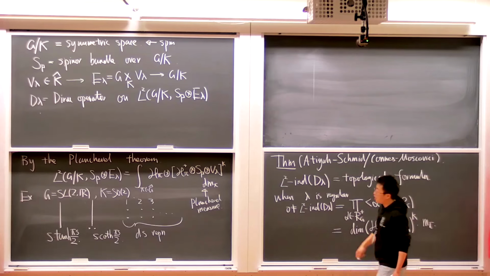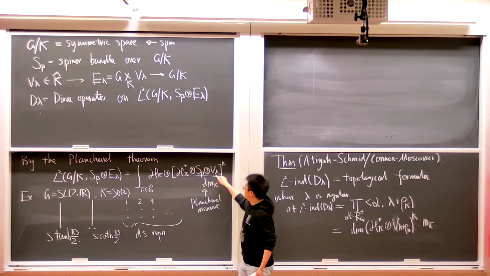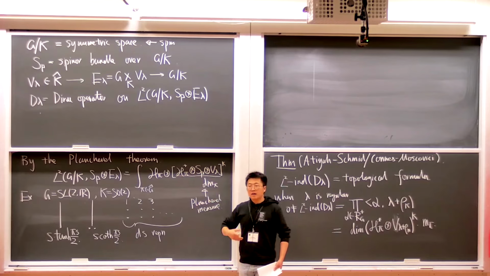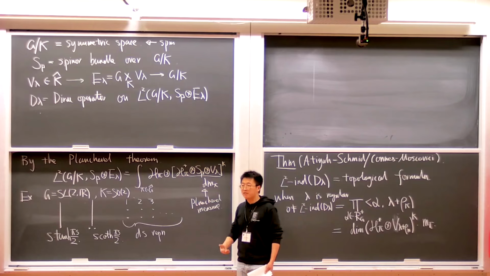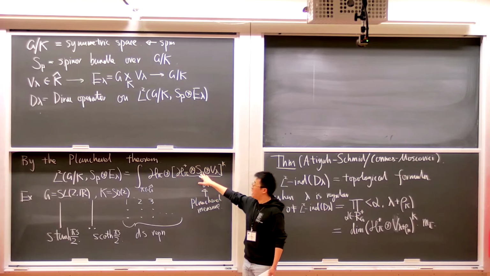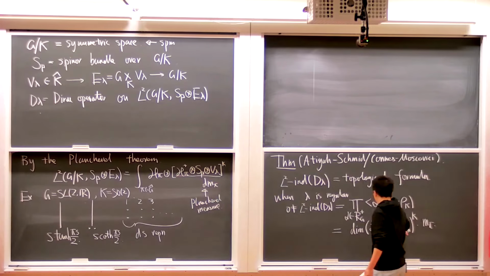Also, this space may not be irreducible. Actually, it won't be an irreducible representation for K, but what will really contribute to the index is the one with the highest weight given by rho n. What is rho n?